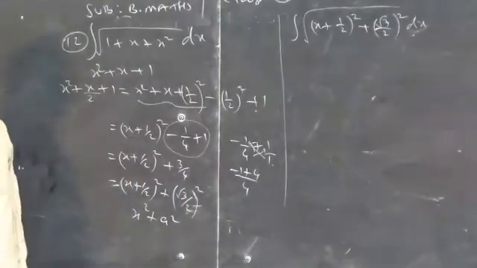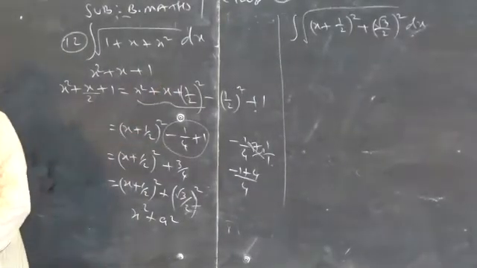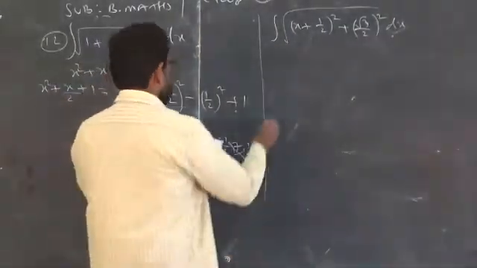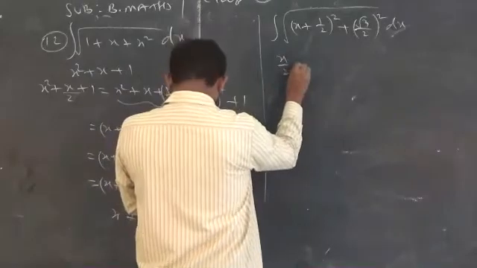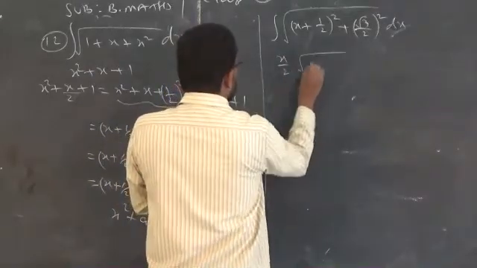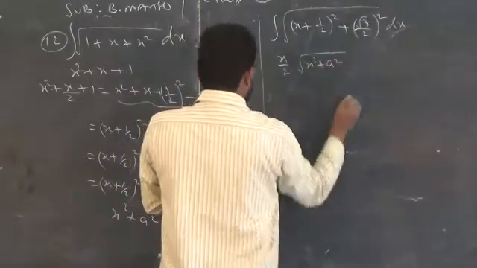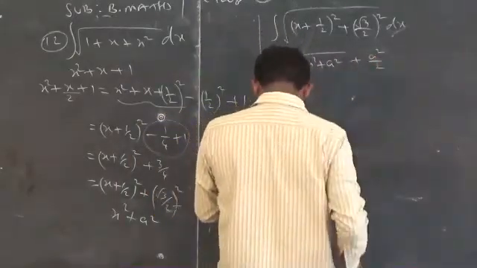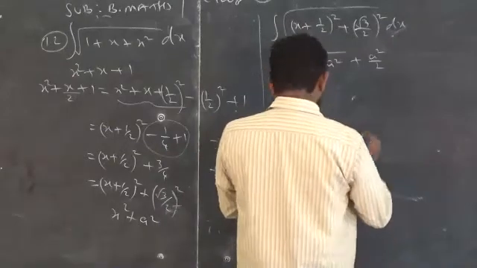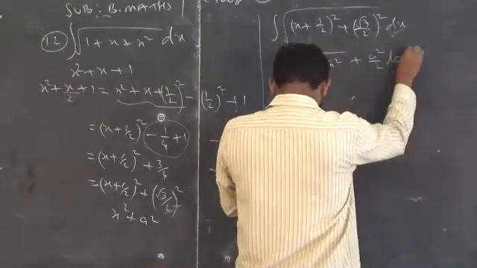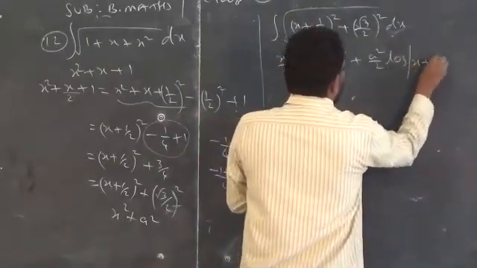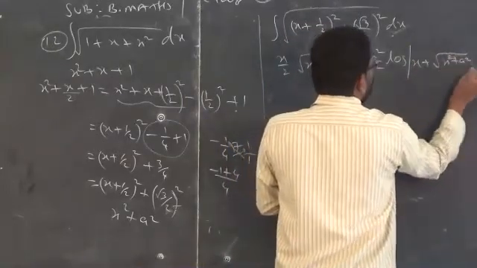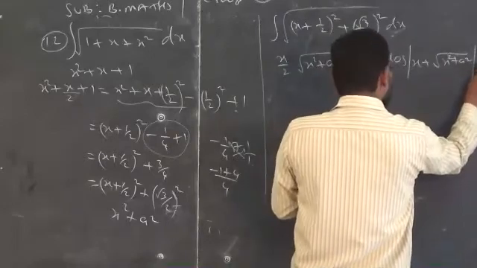Integral of square root of x square plus a square. It is a big formula, you have to memorize it: x by 2 square root of x square plus a square, plus a square by 2 log of x plus square root of x square plus a square, plus c.